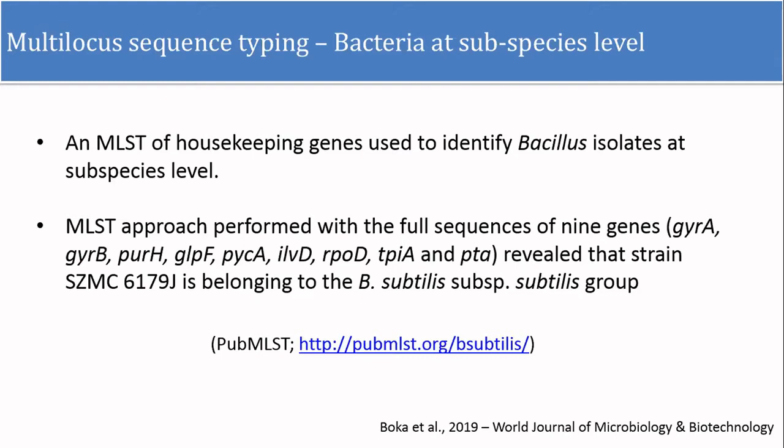In multi-locus sequence typing, for instance, there is a gyrase gene and a purine synthesis gene. There are many housekeeping genes, and by amplifying and sequencing those genes and using the databases, we will be able to identify where our strain or organism fits, so that we can identify it at subspecies level.